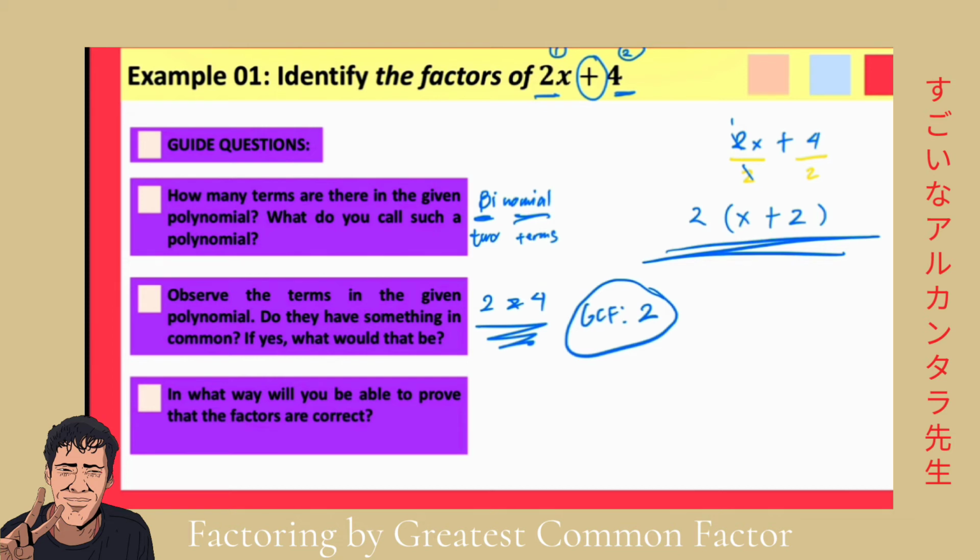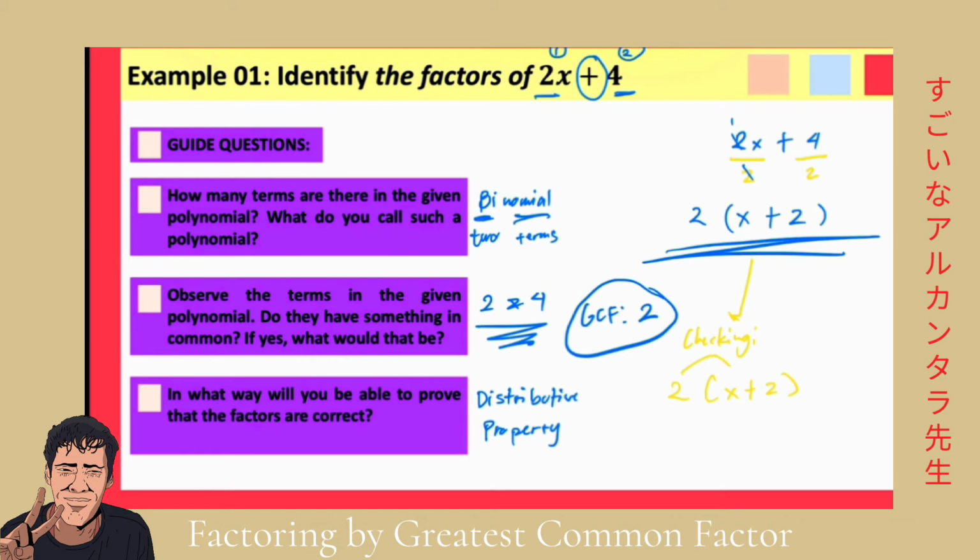So in what way can we prove that our answer is correct? By doing multiplication or the distributive property. So to check if our answer is correct, all we have to do is distribute 2 to the given inside the parentheses.